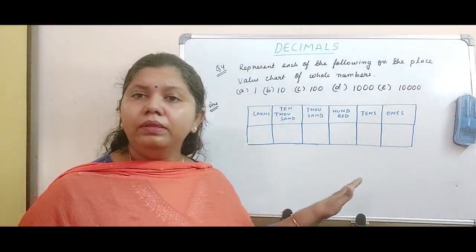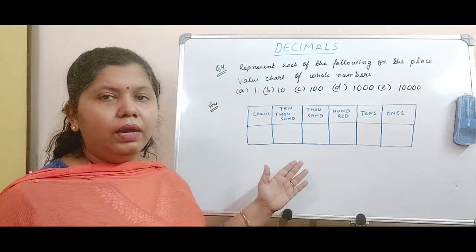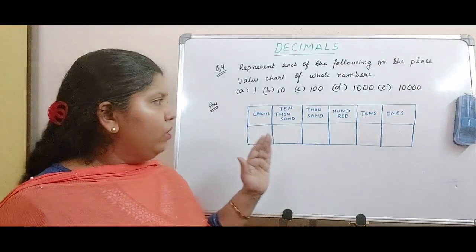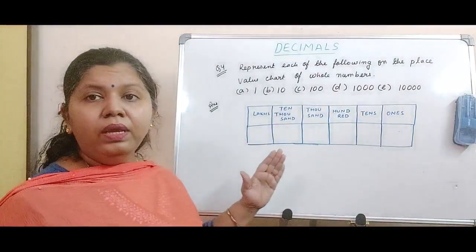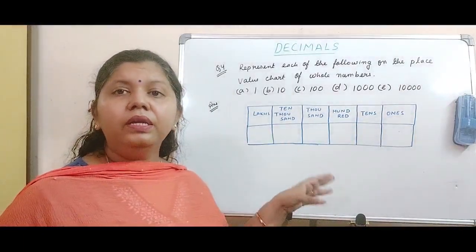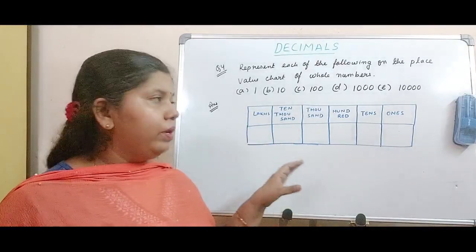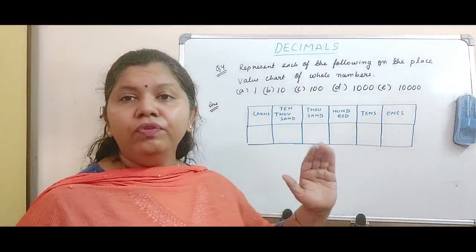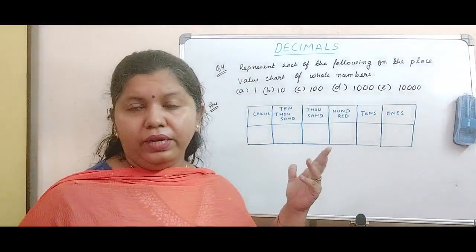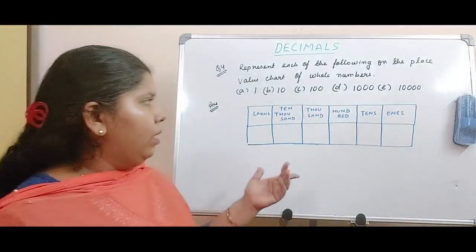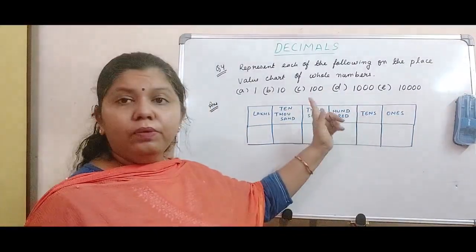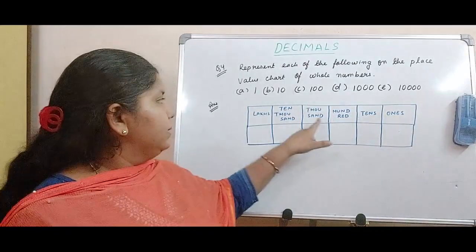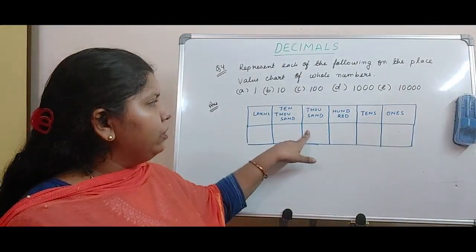Just remember that in a place value chart, each and every place we are supposed to explain in terms of 10. Okay, for example, 1 is said to be 10 with no power, that is 10 to the power 0. We call it ones. 10 is 10 to the power 1 and 100 is 10 to the power 2. Similarly, 1000 is 10 to the power 3.